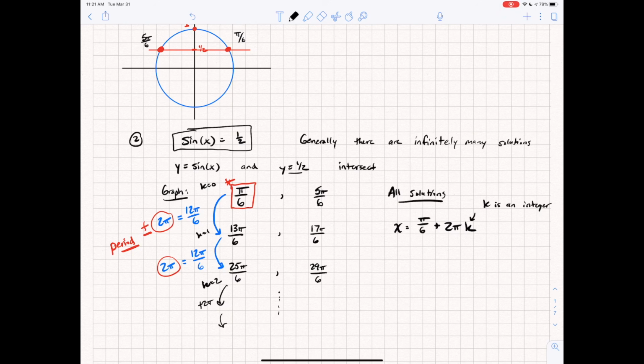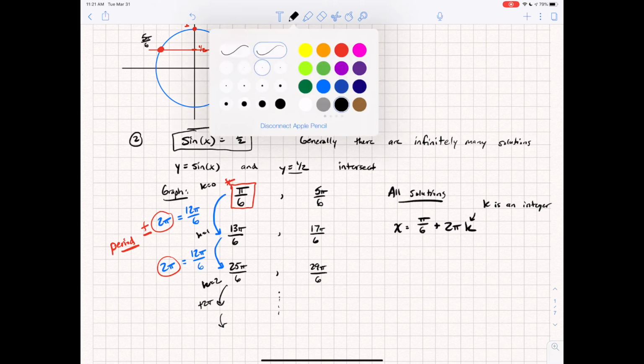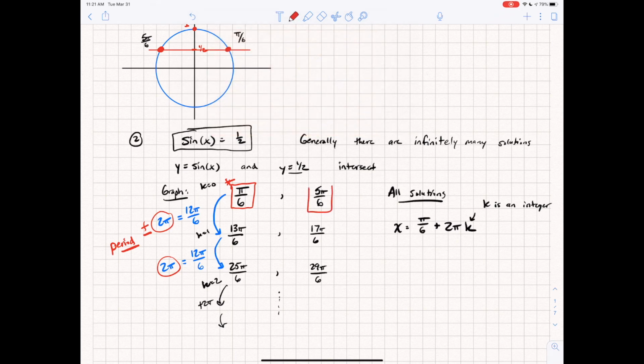Well, notice though that pi over 6 is only associated with this column. 5 pi over 6 is associated with every angle below this one, 17, then 29. Notice that this difference is adding 2 pi, etc. Because again, that is how much one full cycle is worth.